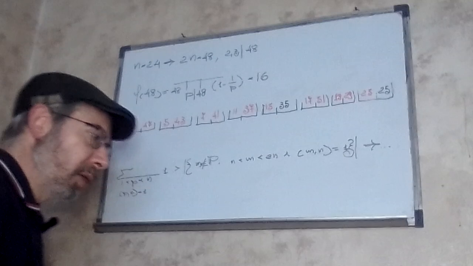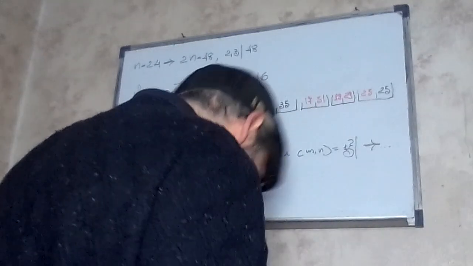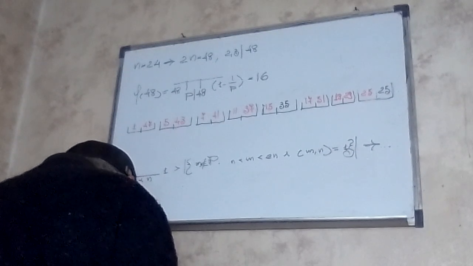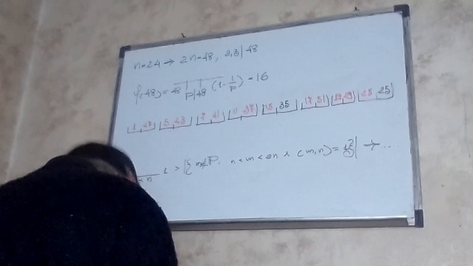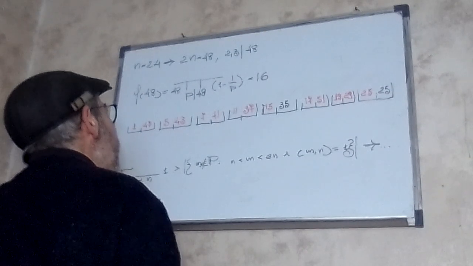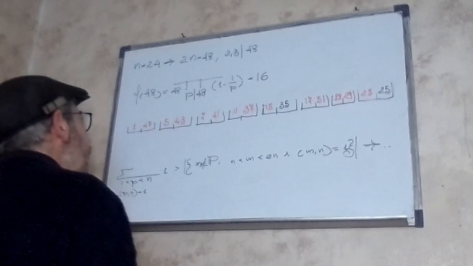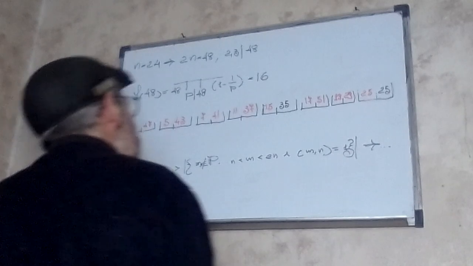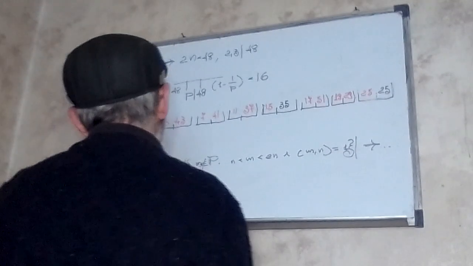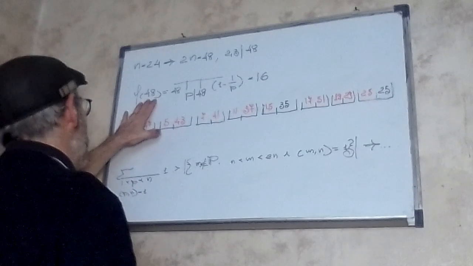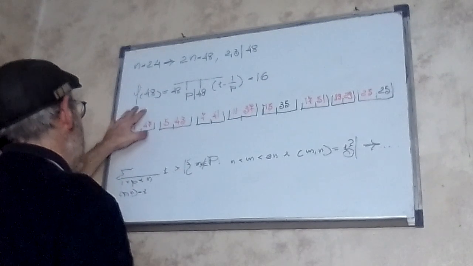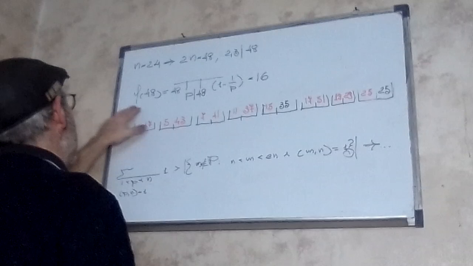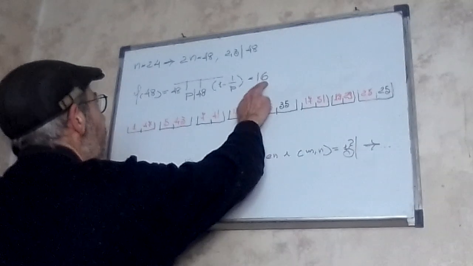So we know that between 1 and 48 there are 16 positive integers m such that m is coprime with 48. Observe that for n greater than 2, phi always gives an even number.